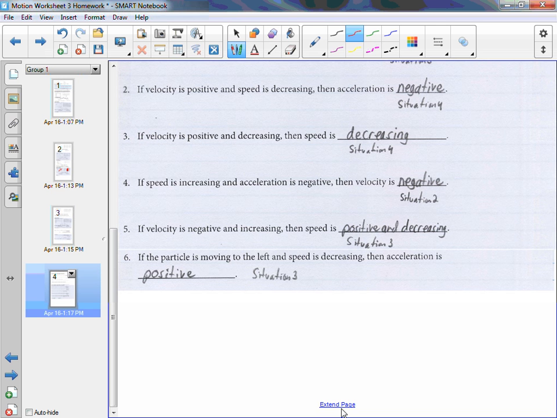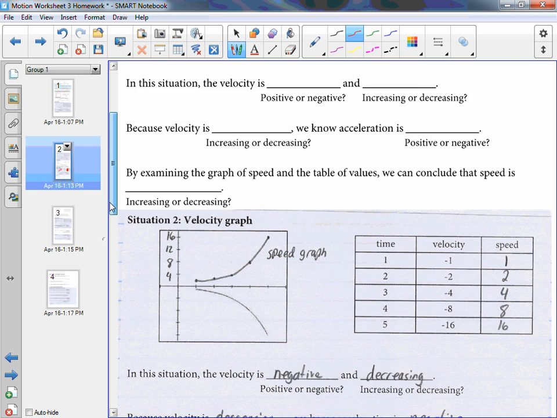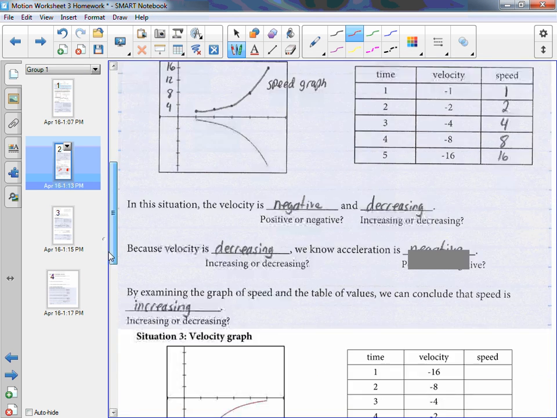Negative instead of... I don't think it has to be decreasing, does it? Speed is increasing and acceleration is negative.